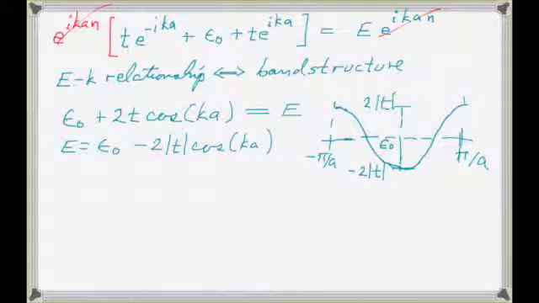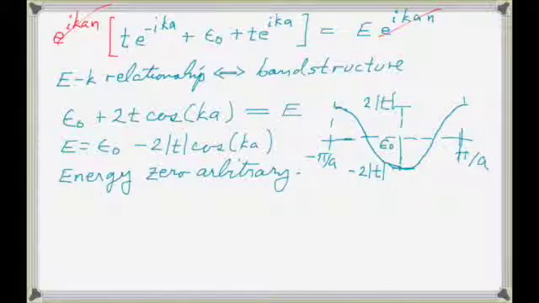The energy 0 is arbitrary, and often we like the bottom of the band to be at 0. So we shift the whole thing up so that your bottom of the band is sitting at 0. And so it basically represents, I don't know if you've heard this concept, the kinetic energy of the electron. Right when it's at the bottom of the band, its kinetic energy is 0.